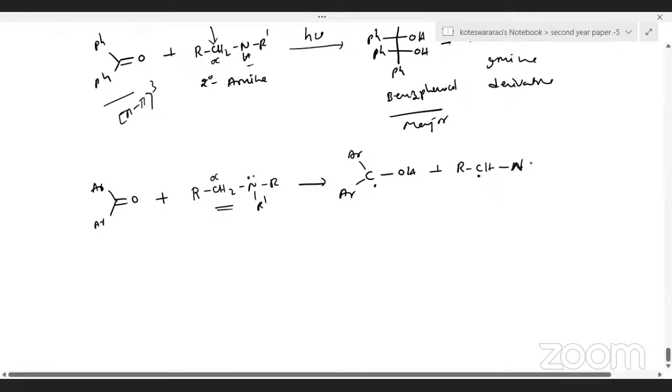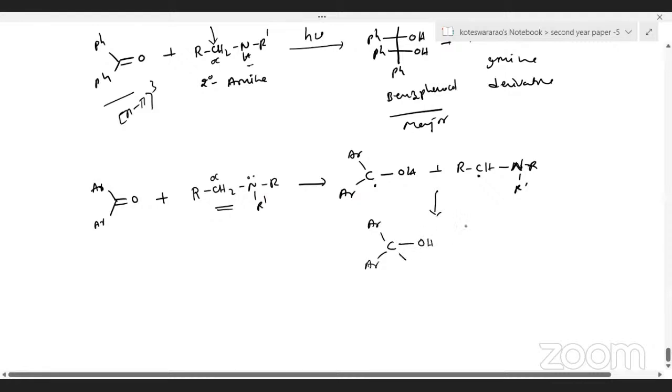Due to that reason, there is no involvement from the tertiary nitrogen. Here, this alpha carbon hydrogen can donate the hydrogen radical to the O radical which is generated in the reaction.